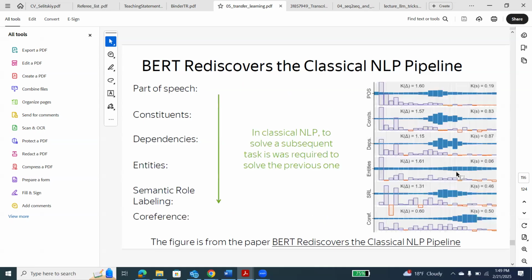And in classical NLP, before neural networks, they considered part of speech the simple problem.